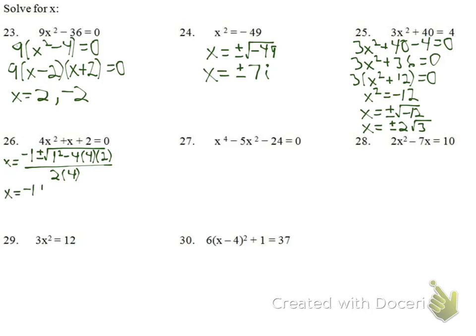This becomes negative 1 plus or minus, we get 1 minus 4 times 4 is 16 times 2 is 32, over 8. Now, 1 minus 32 is going to become negative 31, which is going to be an imaginary number. So our solution is going to be negative 1 plus or minus i times the square root of 31, over 8.